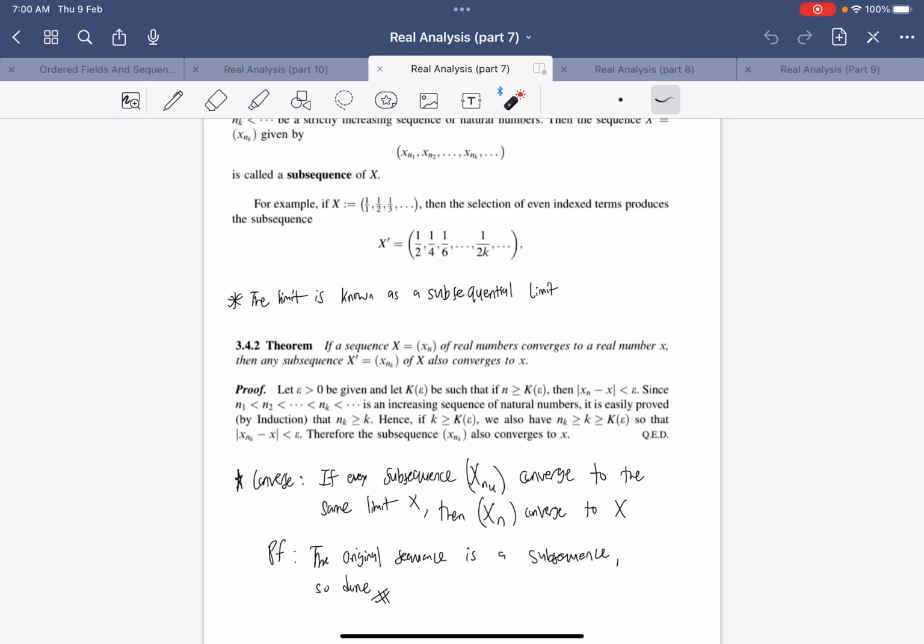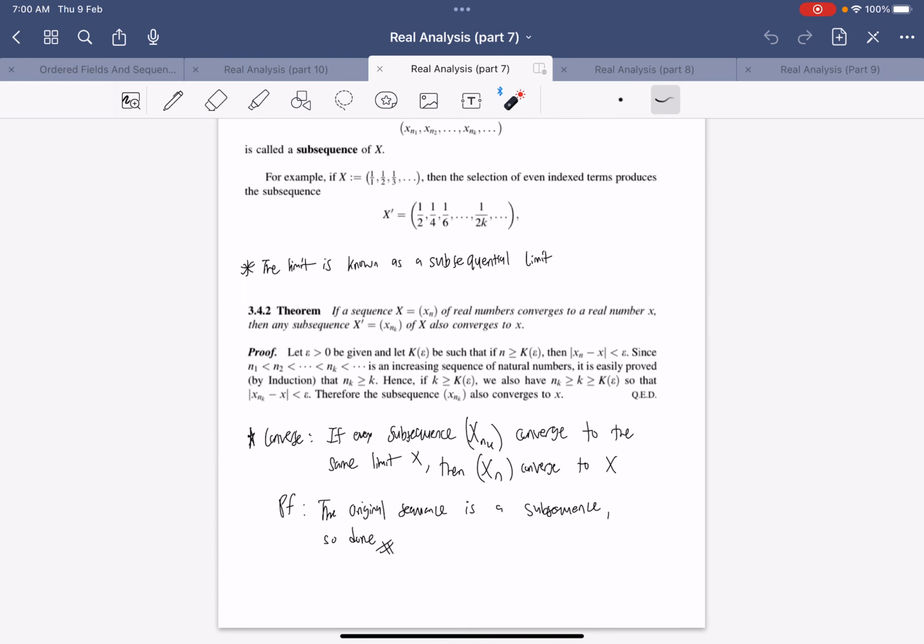Maybe it's xn and then the next term will be xn plus 5 from your main sequence. So all these terms will be larger than some value, and for all these terms larger than k, |x_nk minus x| will be less than epsilon. And so this subsequence will converge to x.